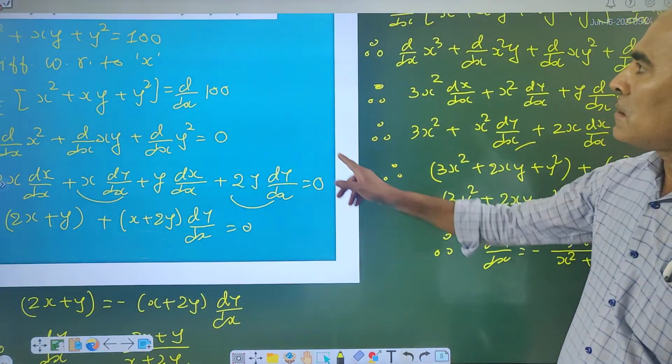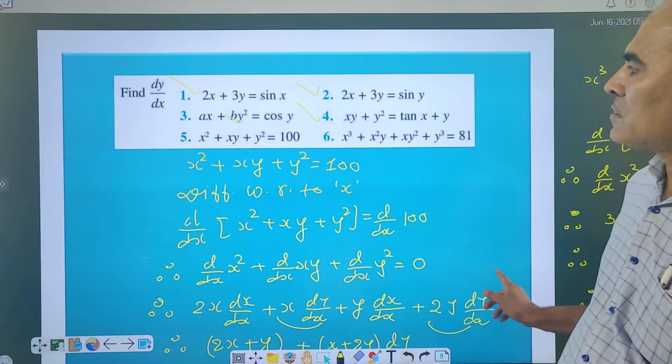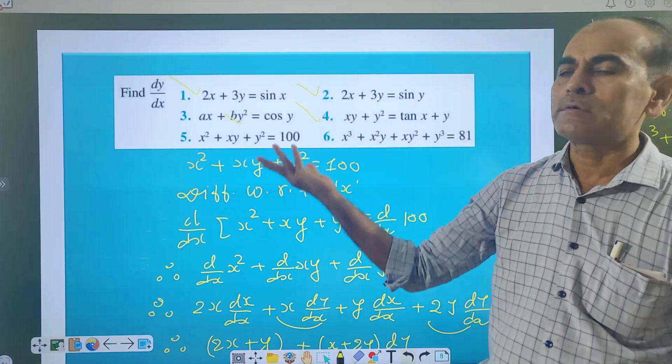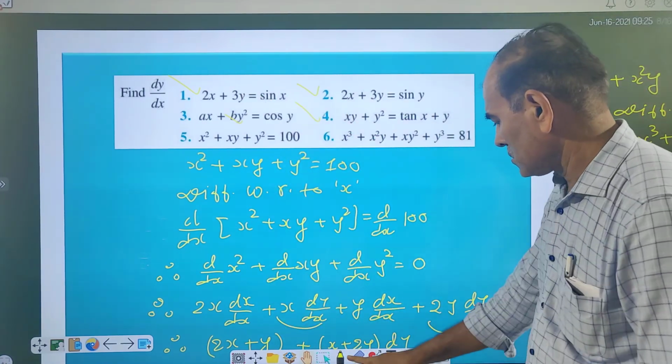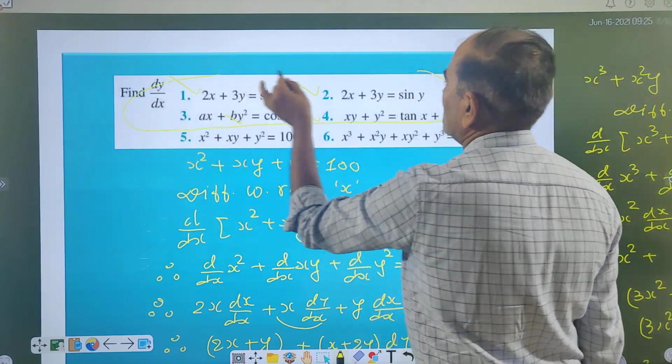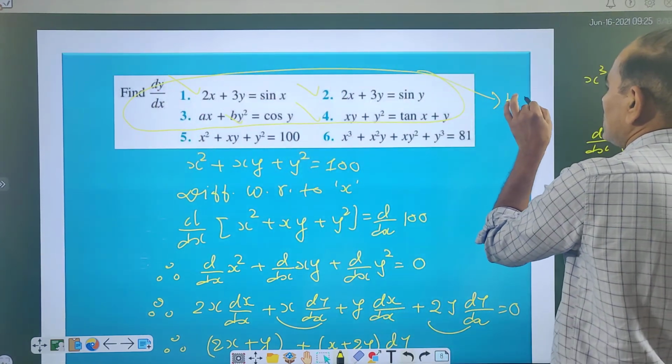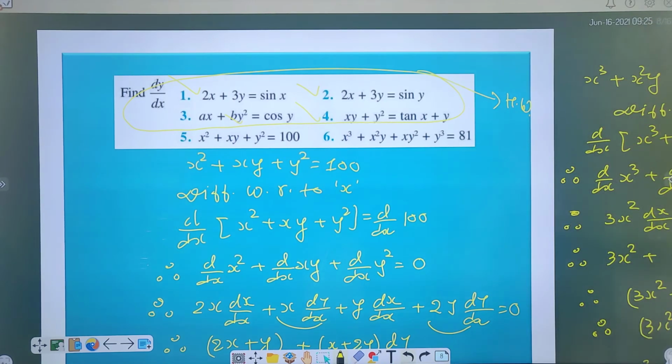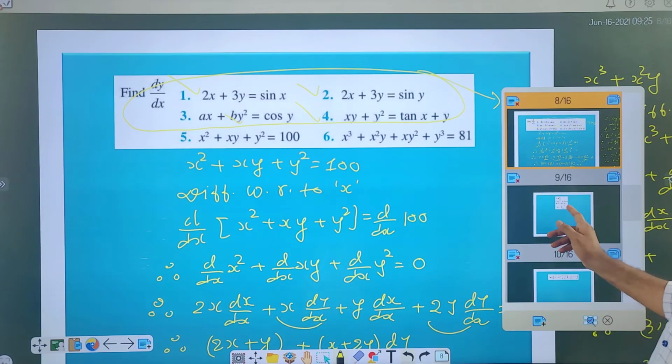Now see, all of you are able to solve the remaining 4 questions directly by differentiating. So these sums 1 to 4 are for compound. Okay. Next one.